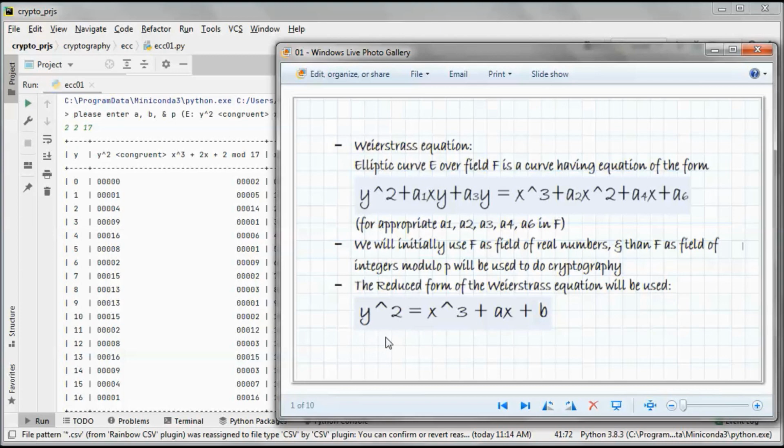So y squared is equal to x cubed plus ax plus b. And initially we will use F as the field of real numbers, and then to do cryptography we will use F as the field of integers mod p.